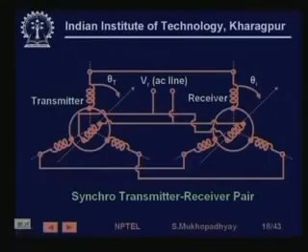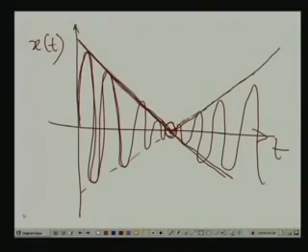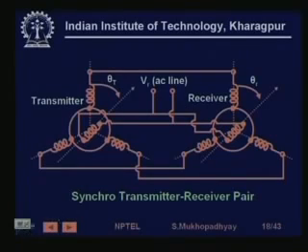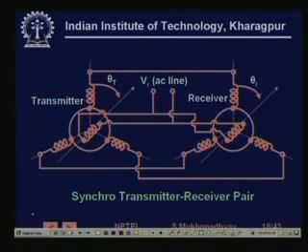We can look at that later, but to understand this, what happens is that you have a machine on which you have three coils, and you are going to excite these three coils by a single phase AC. Remember that these coils are at some distance apart.